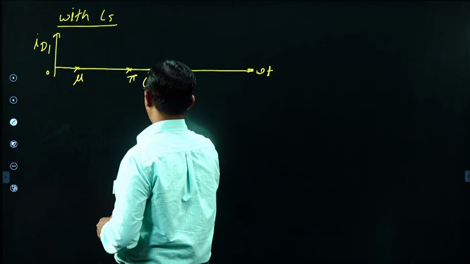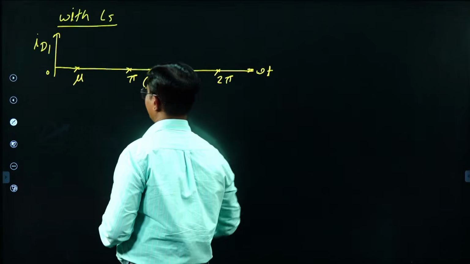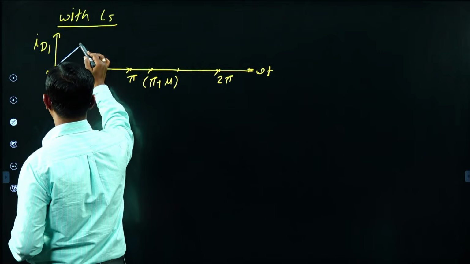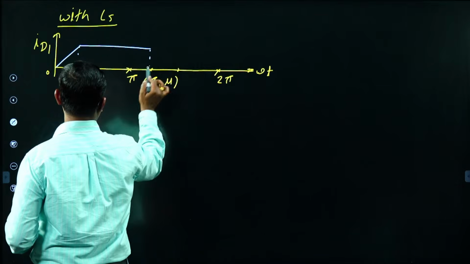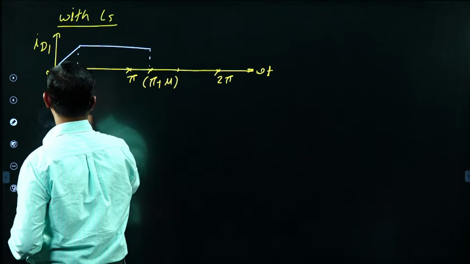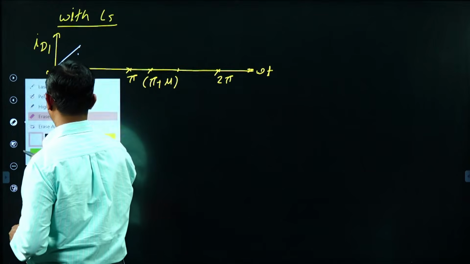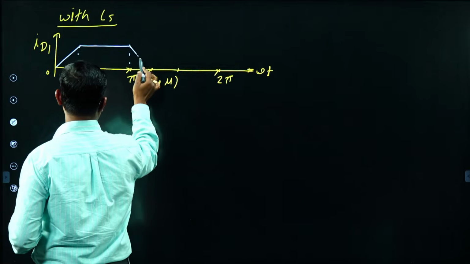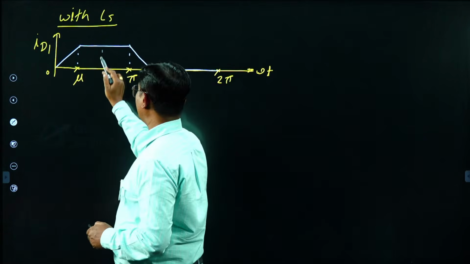Pi, this is like pi plus mu, and here it is like 2 pi. So 0 to mu, my ID1 will be increasing in nature. After that it is a constant I0 till pi, and after that it will be decreasing in nature, and then it will be 0, right? This is my ID1 waveform.